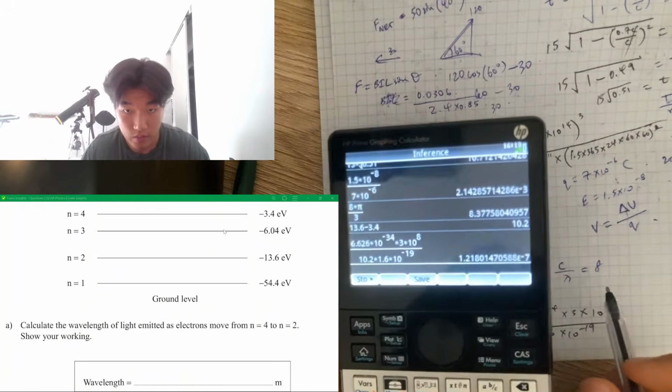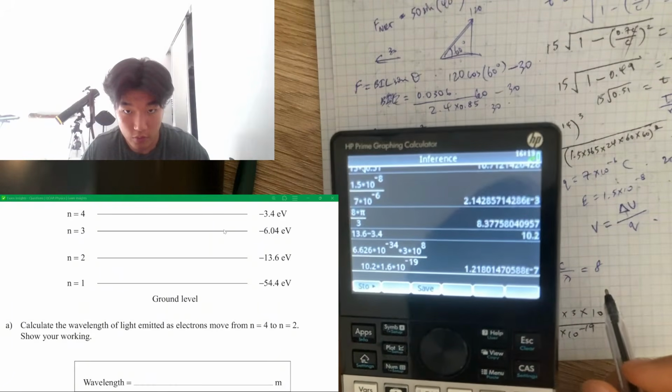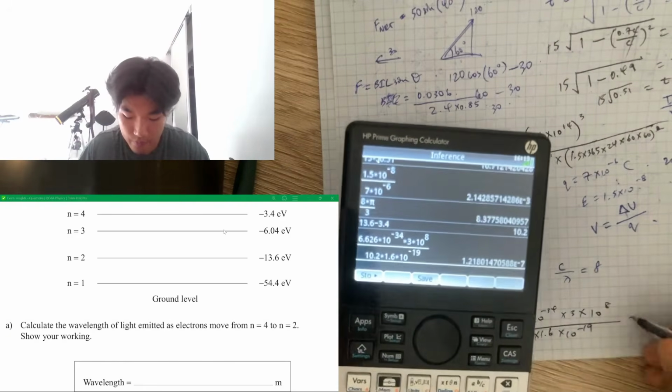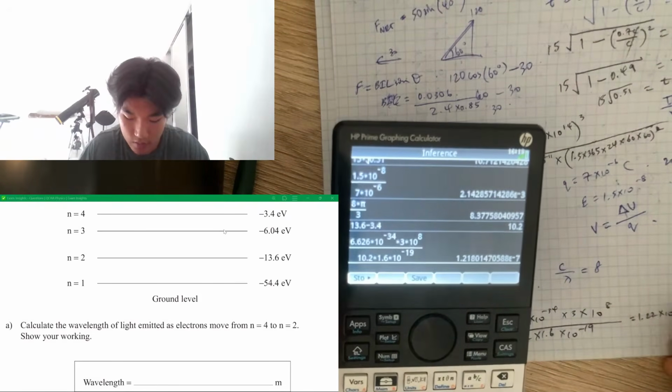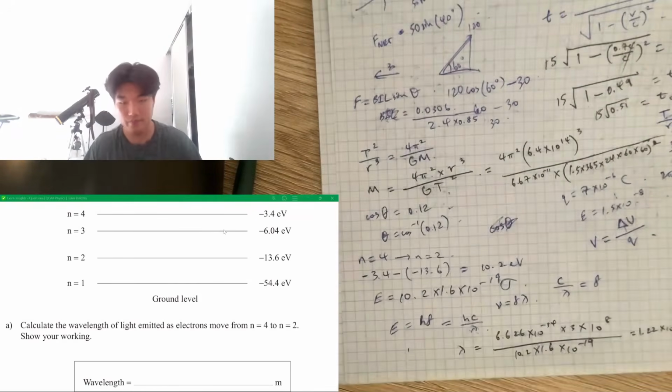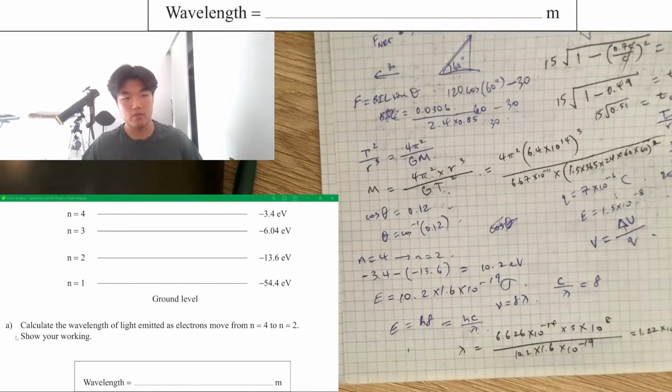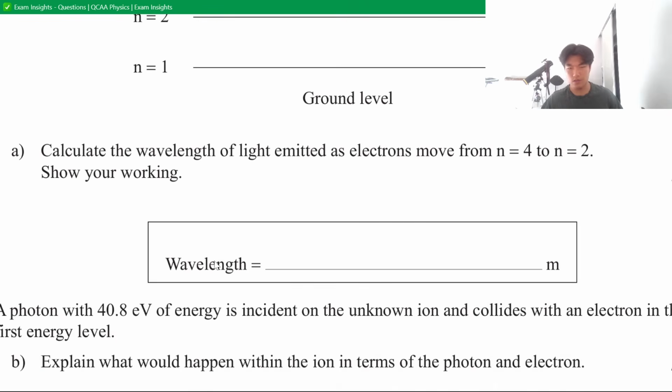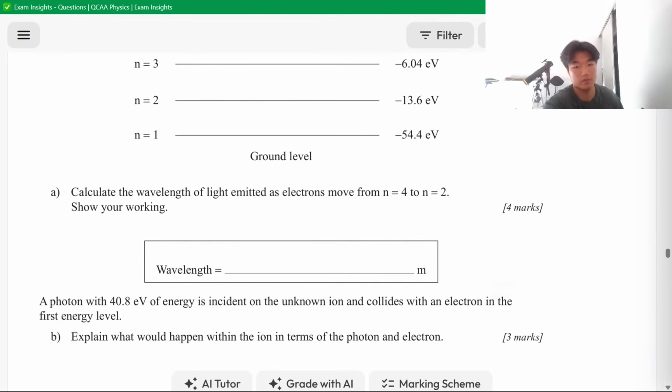Okay, so we get 1.22 times 10 to the negative 7 meters. The question actually specifies meters, not nanometers, which is a bit unusual.